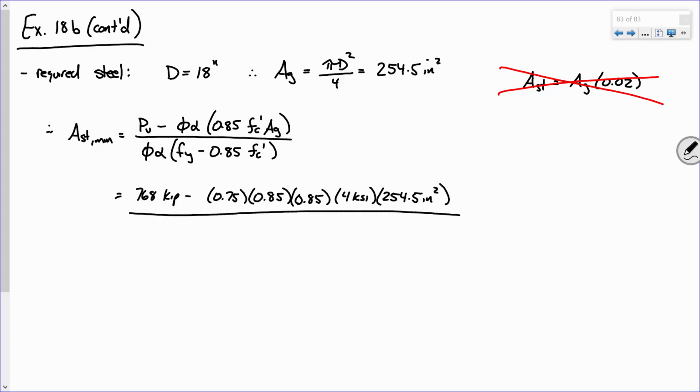And then what do we have? We have 0.75, 0.85, 60 KSI minus 0.85 4 KSI.